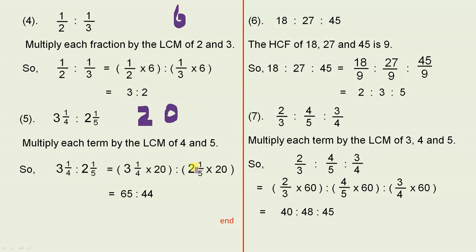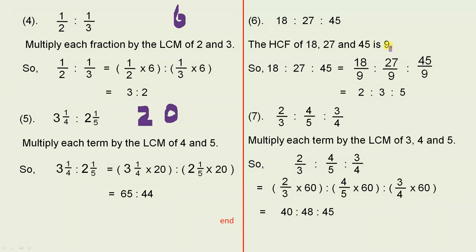Multiply each of the terms by 20. 3 1/4 by 20 is 65. 2 1/5 by 20 is 44. So that ratio can be simplified as 65 is to 44. Number 6. You can have 3 terms in a ratio. The HCF of 18, 27 and 45 is 9.